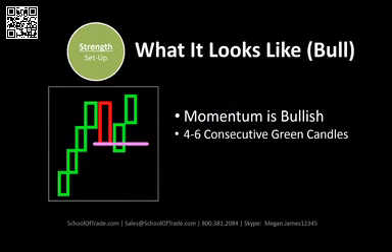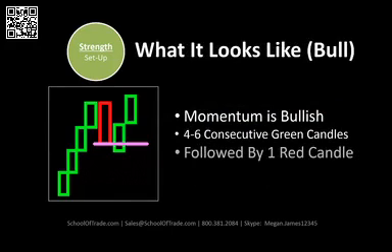Keep in mind, anything less than 4 candles isn't quite strong enough, and anything more than 6 consecutive candles is usually going to be too high to buy or too low to sell on the flip side, which results in a lower probability setup.